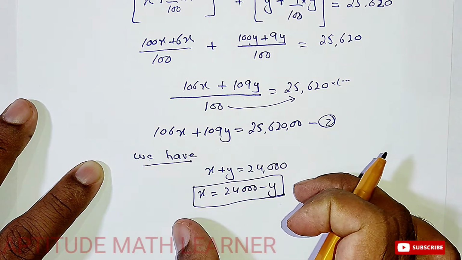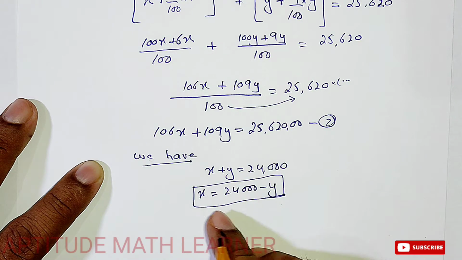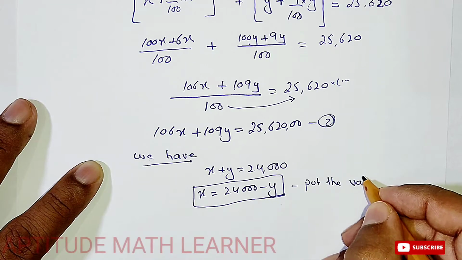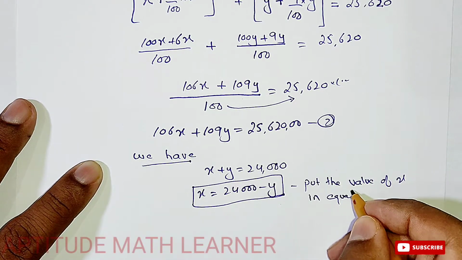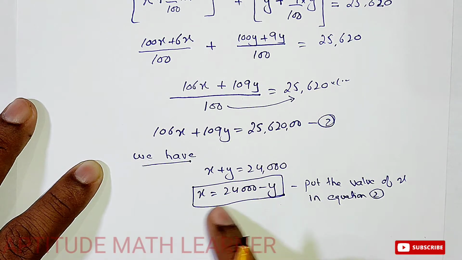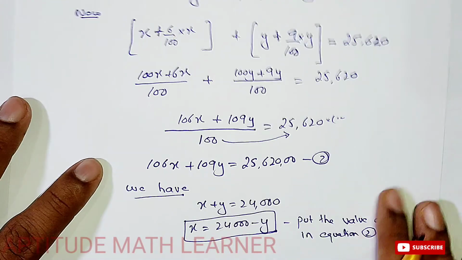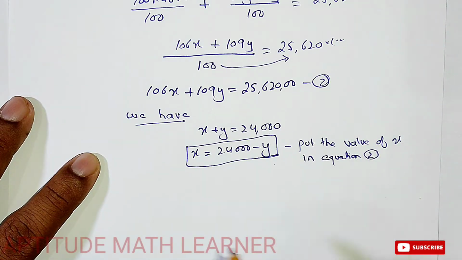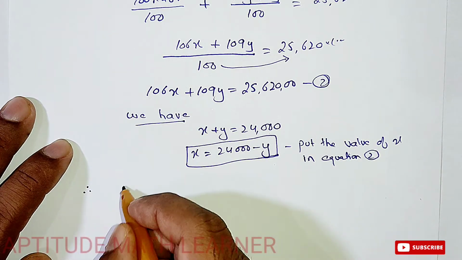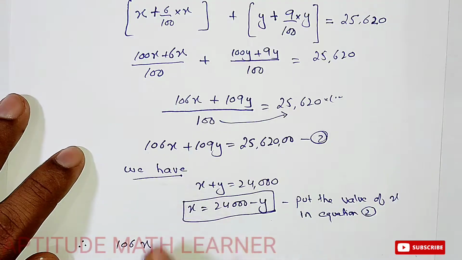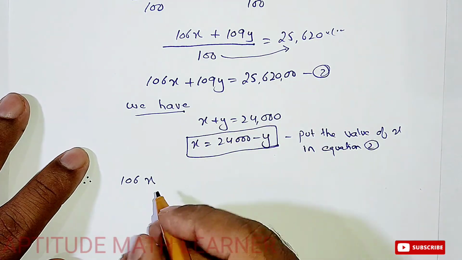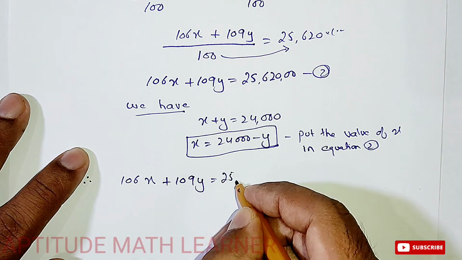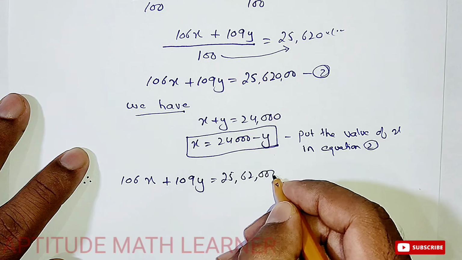Now we put the value of x in equation number 2, which we found: 106x plus 109y is equal to 2,562,000.